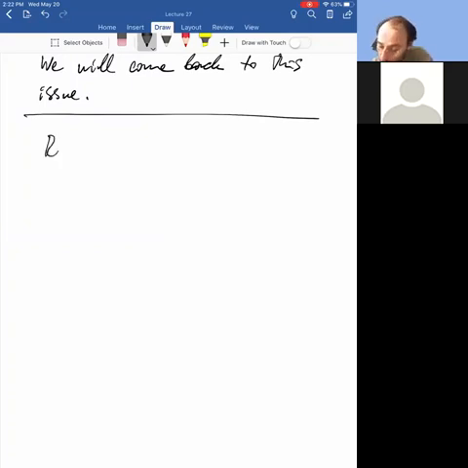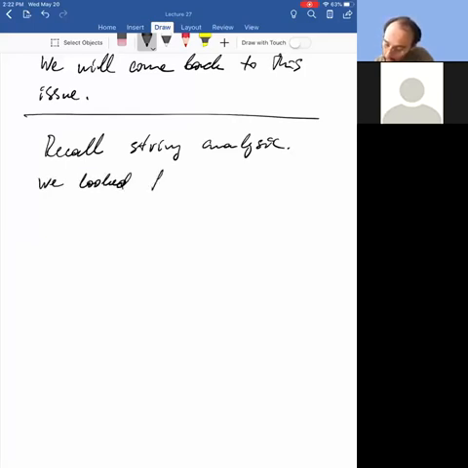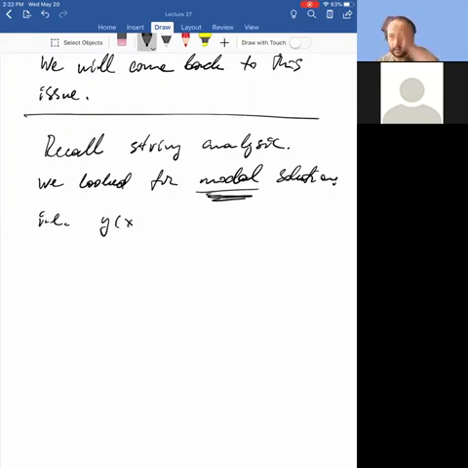So, okay, recall string analysis. We looked for modal solutions, i.e., y, the vertical displacement, is a function of space and time separated into a function of space and some function of time. And these are very special solutions.